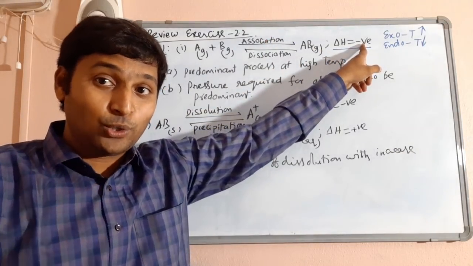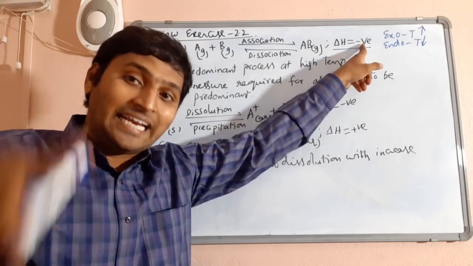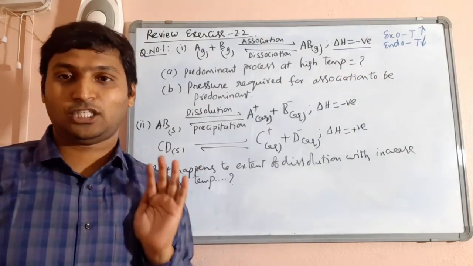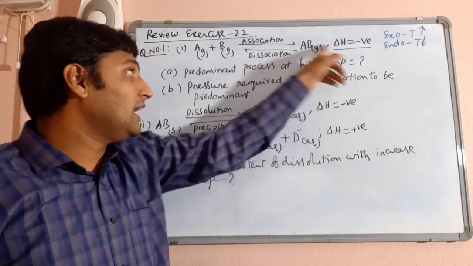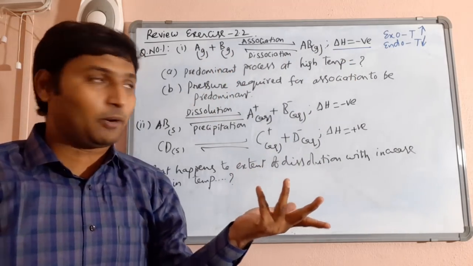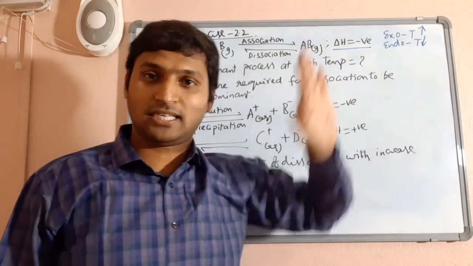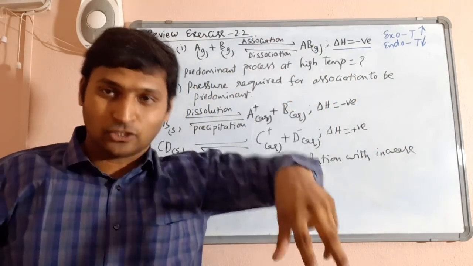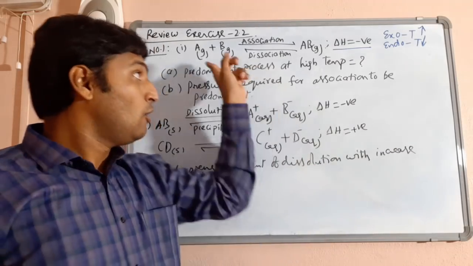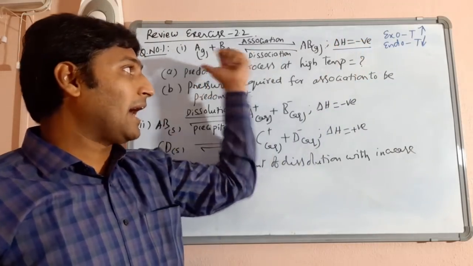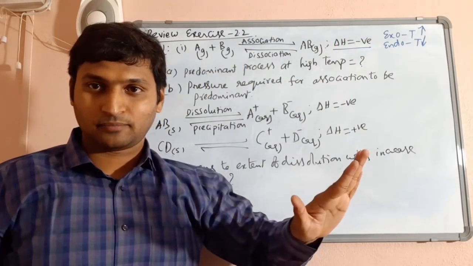And just now I told you, within the system, internally, temperature is increasing in the forward direction. Similarly, dissociation would be an endothermic process. So internally in the system, in backward direction, temperature is decreasing.